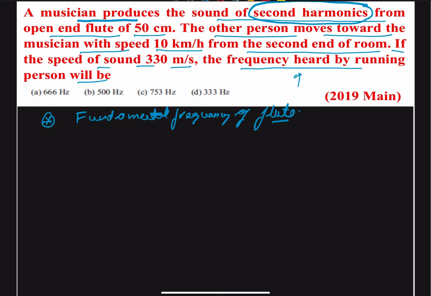So we can say for an open-ended flute, lambda n, that is the wavelength for your nth harmonic, will be equal to 2L divided by n. And for second harmonic, the value of n will be equal to 2.